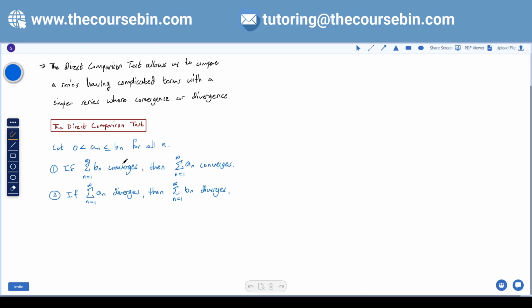Okay, and this also makes sense because a sub n is a smaller series than b sub n, right? So if that diverges, then definitely the greater series also diverges.